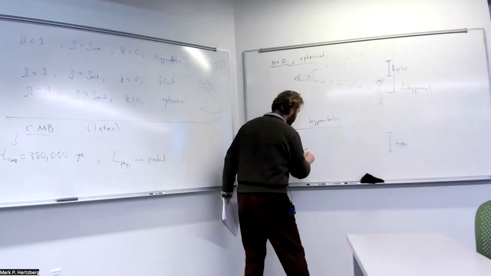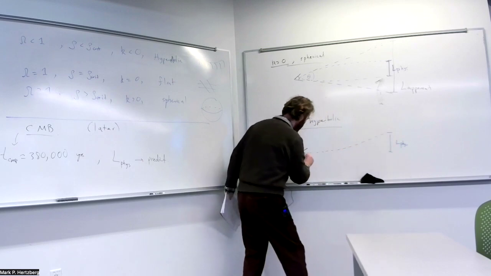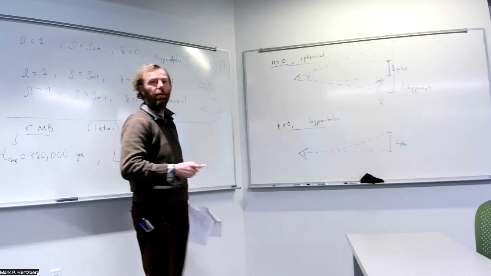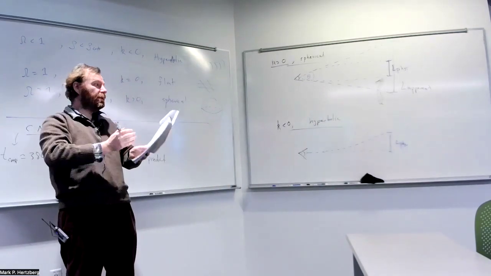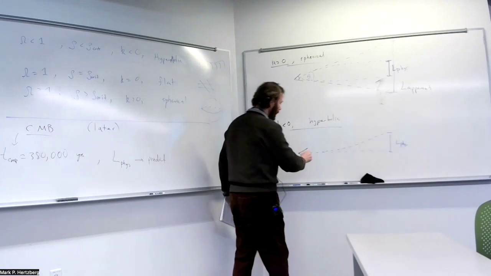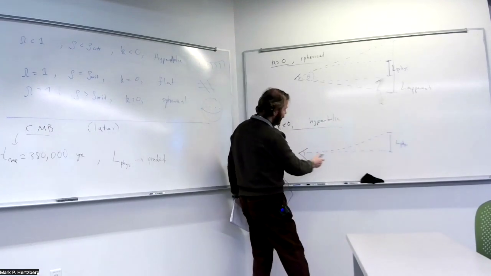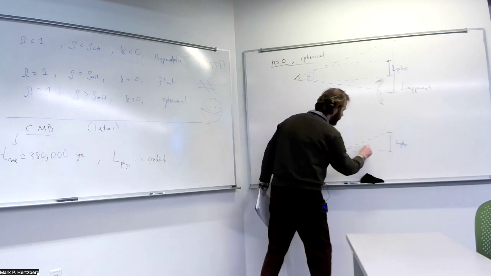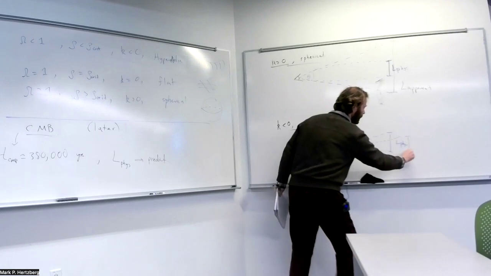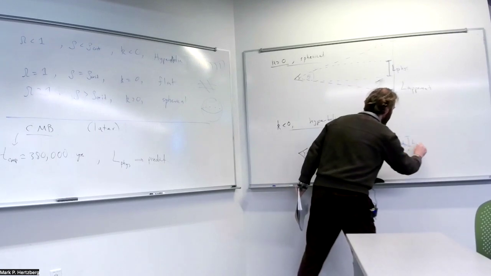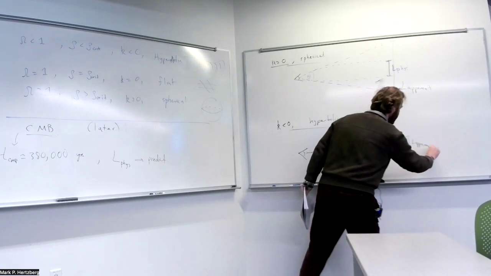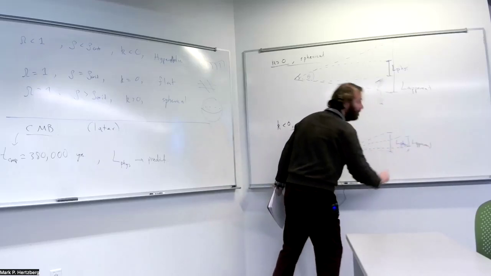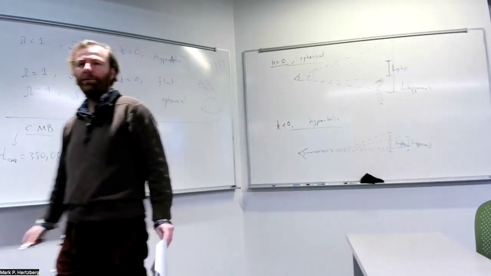So to draw that, it would be something like this. It kind of goes up, and this one goes down. Hard to draw that very well. So rays of light would come in like this. I made it look like the angle is 0, I didn't draw it very well. But the apparent size of this one, L apparent, would then be very small. So that's what we can compare.